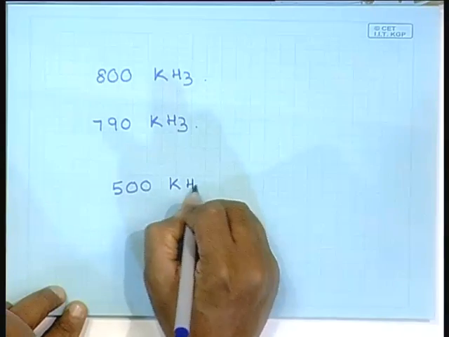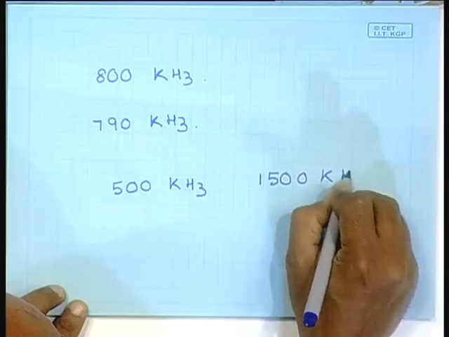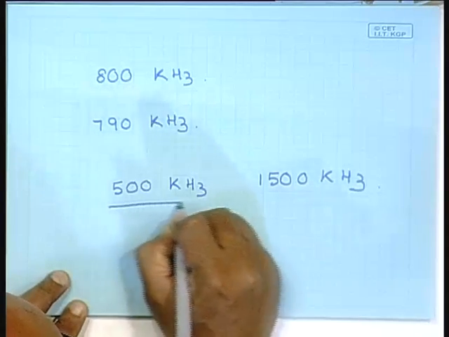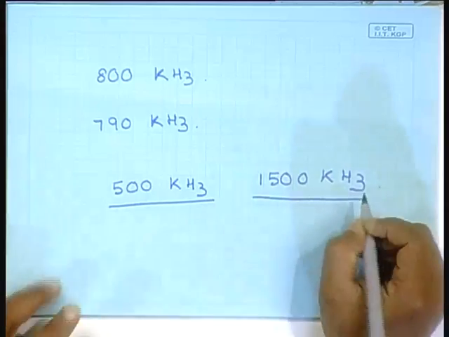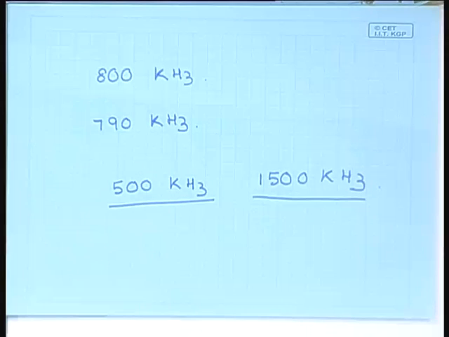So, one has to ensure that the radio transmissions occur sufficiently far apart in frequency, so that the sidebands that are produced do not overlap. And typically the whole frequency range from 500 kilohertz to 1500 kilohertz is available for amplitude modulation, AM transmission, and you can fit in a large number of radio stations in this entire range of frequencies.